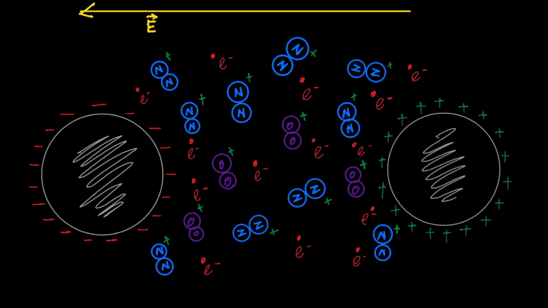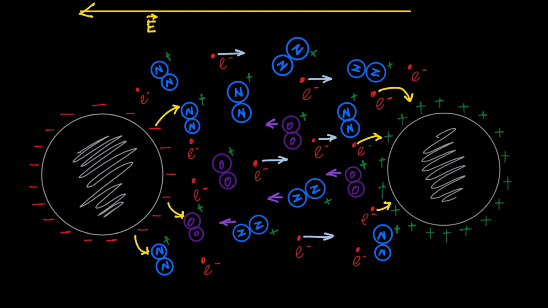Under the influence of the electric field, the free electrons move towards the positively charged ball, that is opposite to the direction of the electric field, and the positive ions move towards the negatively charged ball along the direction of the electric field. Since there are a very large number of charged particles near each ball, the charge carriers move only a very small distance to supply adequate charge to neutralize both the balls.